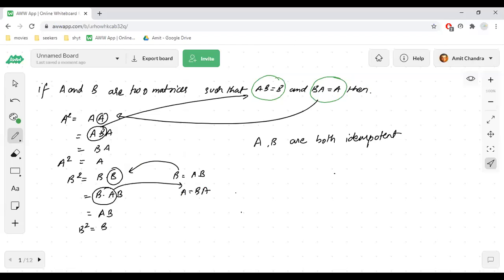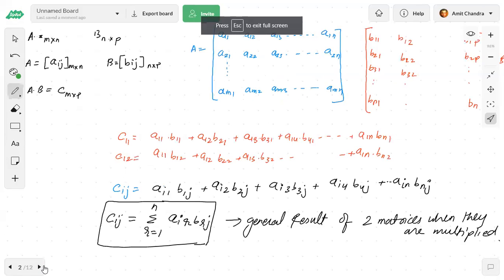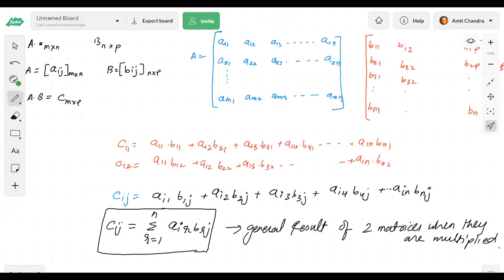Okay, if you want to take the snapshot, you can take. I'll also share the PDF. But it's very simple.